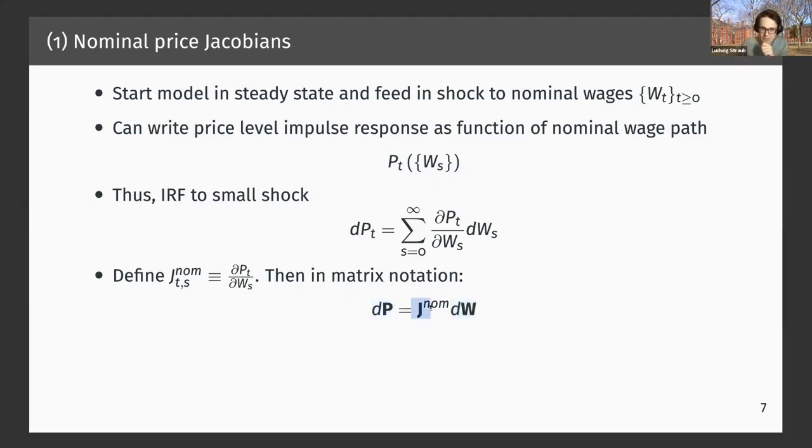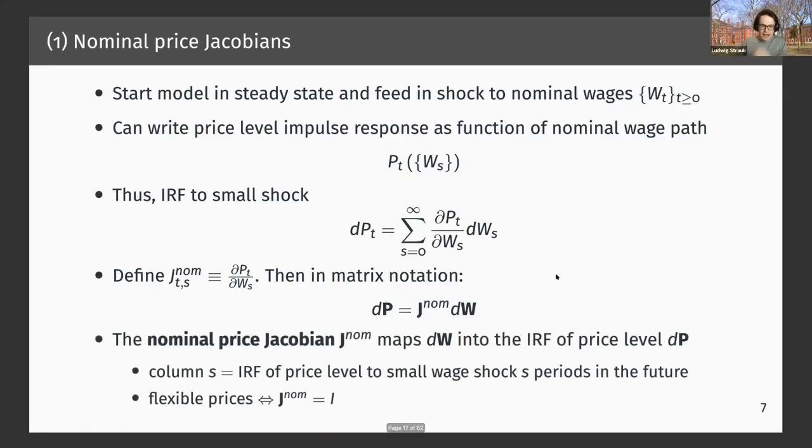This matrix in between is really just the set of derivatives of price responses at some point t to nominal wage shocks at some other point s, either in the past, present, or in the future.